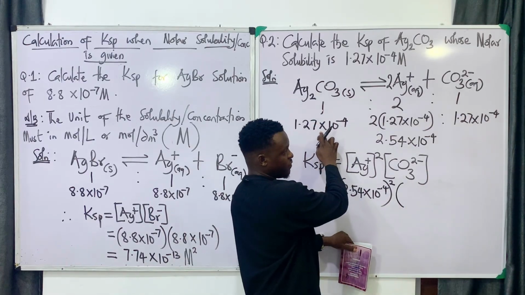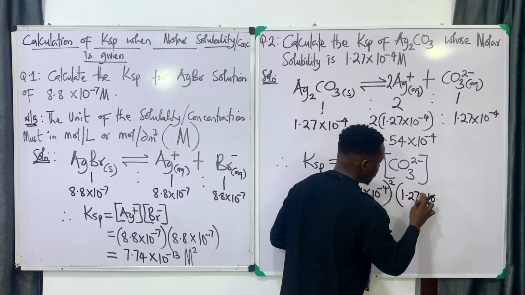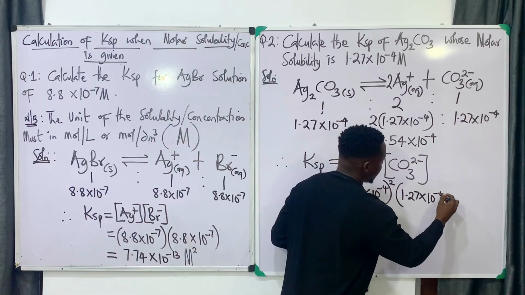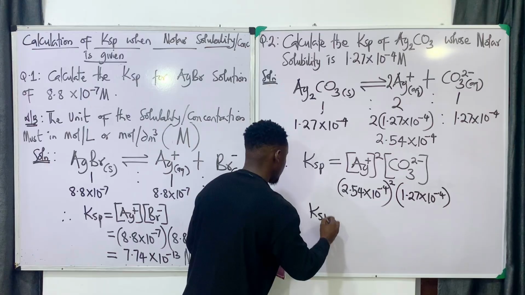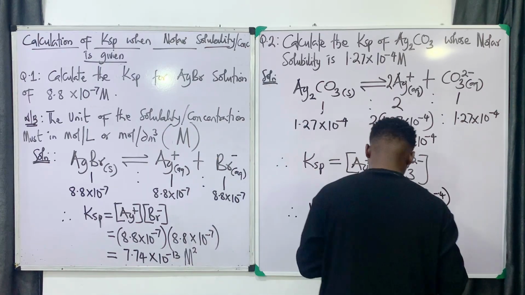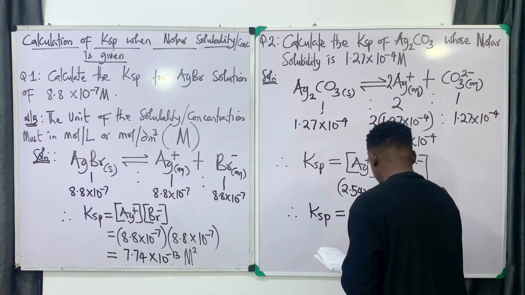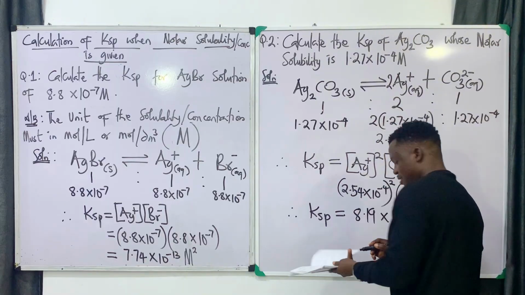So whatever the concentration of this is, it will be this. So we have 1.27 times 10 raised to the power of minus 4. Therefore, our Ksp will now be equal to 8.19 times 10 raised to the power of minus 12.